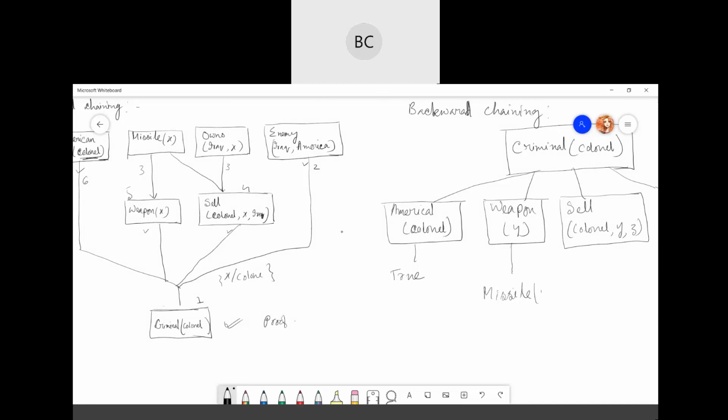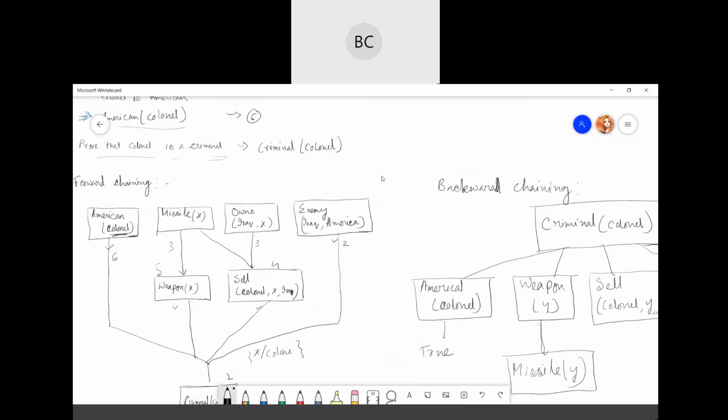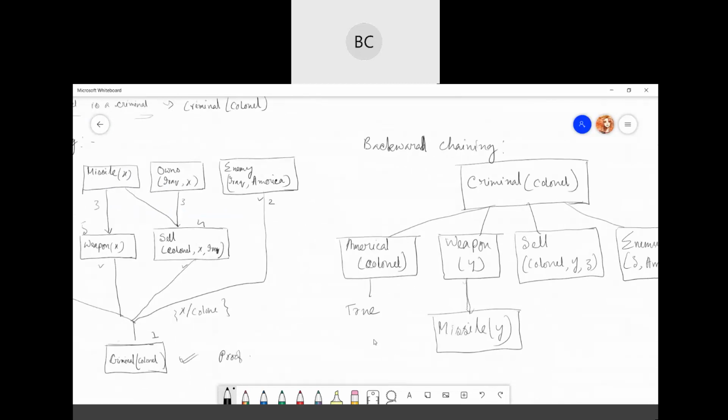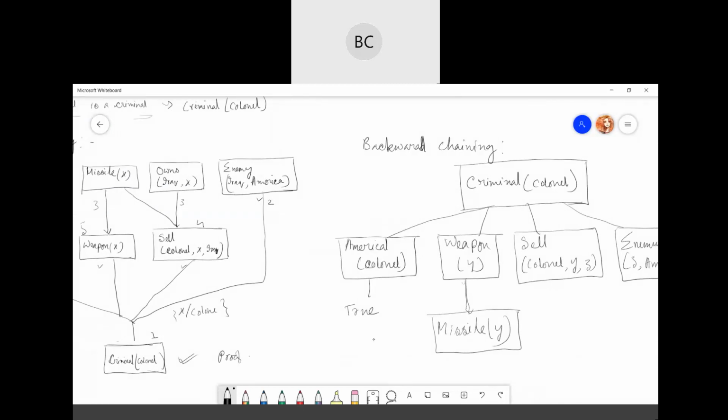Missile Y. Remember, we use the same variable from the successor node. So here weapon Y, so missile will also be Y. But in your main fact, it was missile X and weapon X. When you do the chaining process, whatever variable you use from the initials, the same thing will be passed down to the second level.